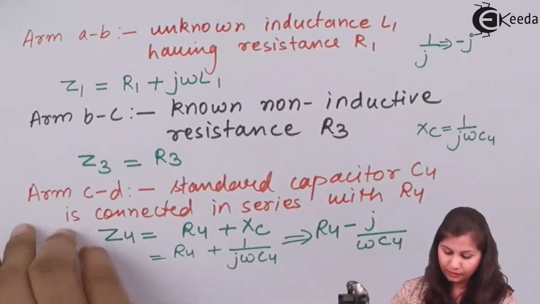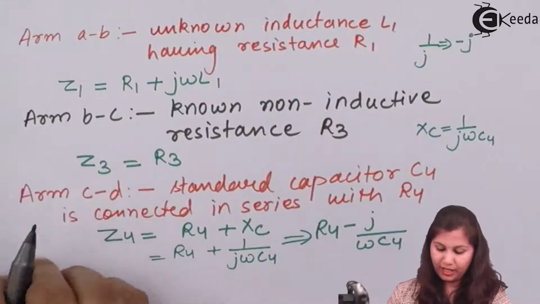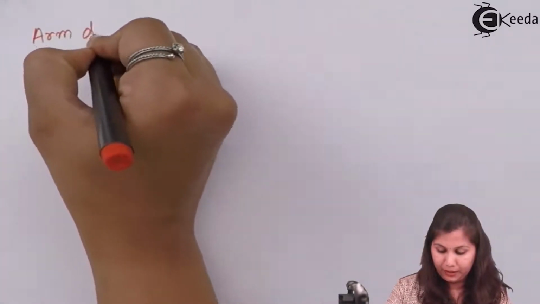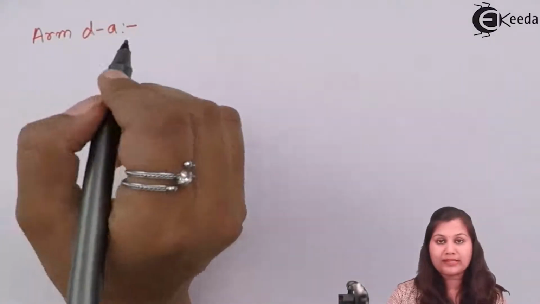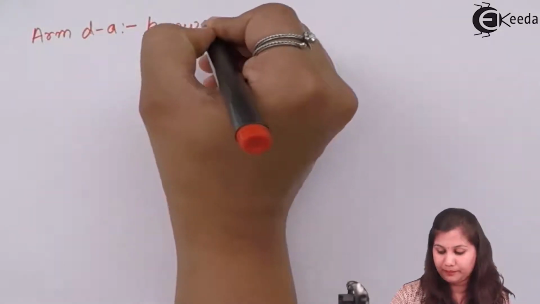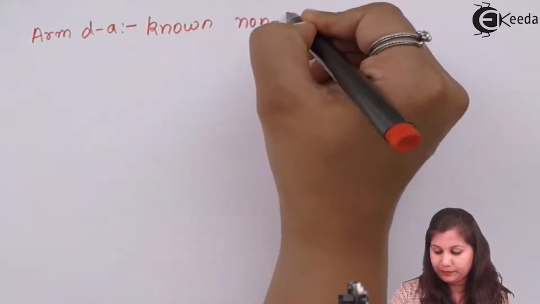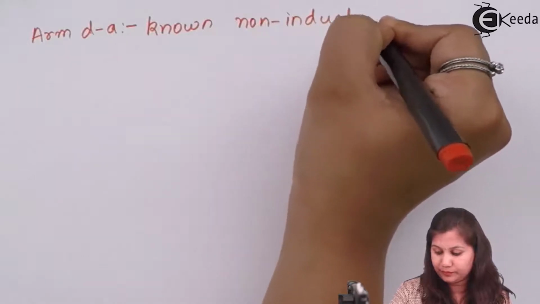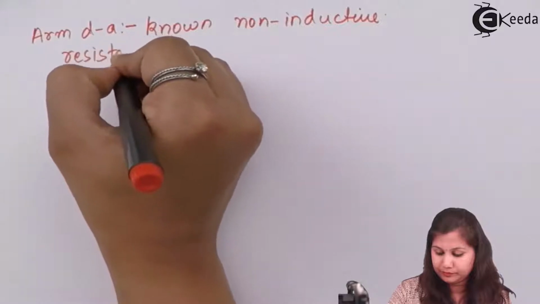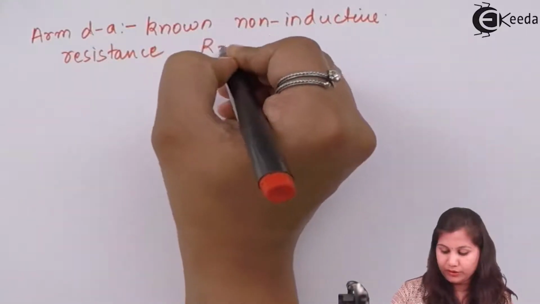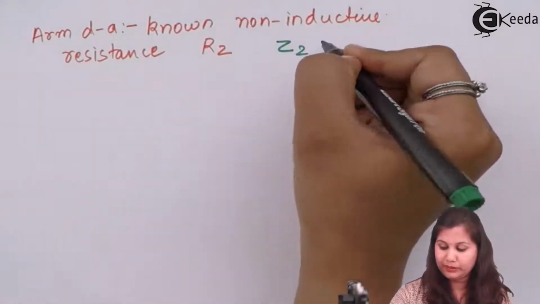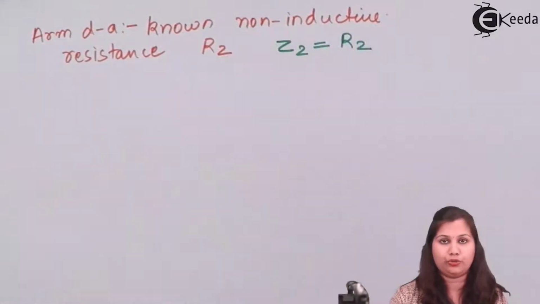Then next we have the arm DA. Arm DA has the known non-inductive resistance R2. So this will be the impedance Z2, and Z2 will be equal to the resistance R2 only.